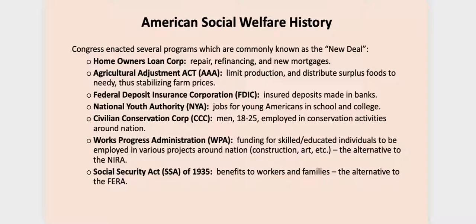FDIC, we had talked about that, ensuring deposits made in banks. National Youth Authority provided jobs for young Americans in school and college. And the Civilian Conservation Corps, the CCC, hired men, and granted, there's certainly a chauvinistic focus upon men in the workforce during this era, aged 18 to 25 to engage in conservation activities around the nation.